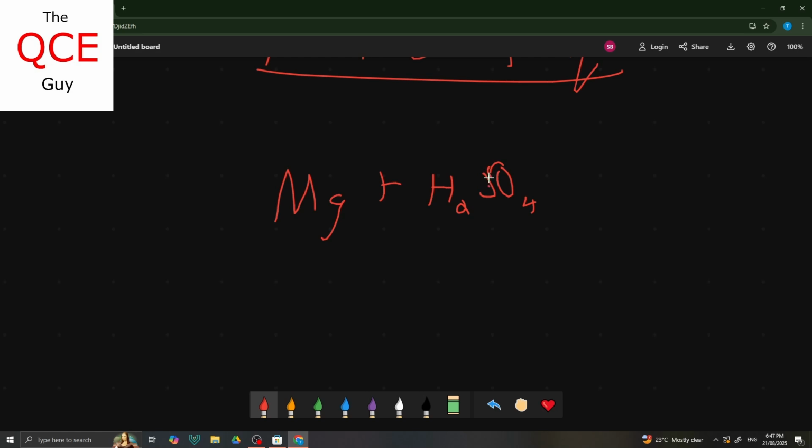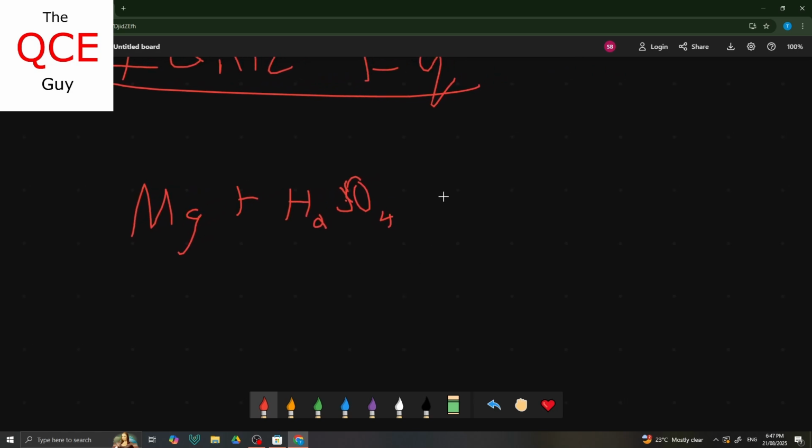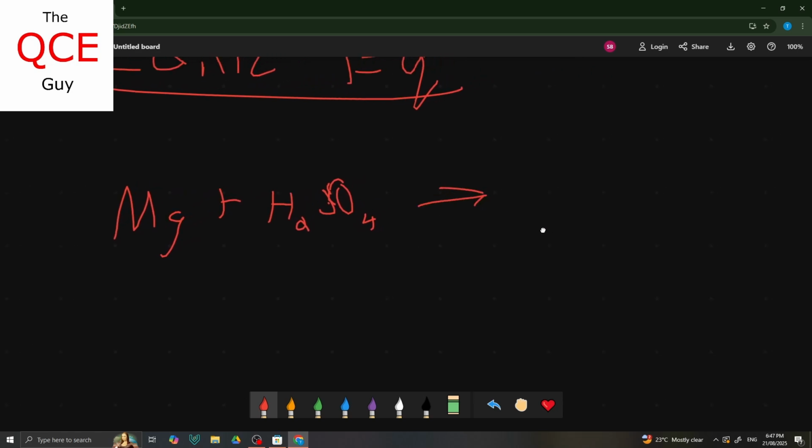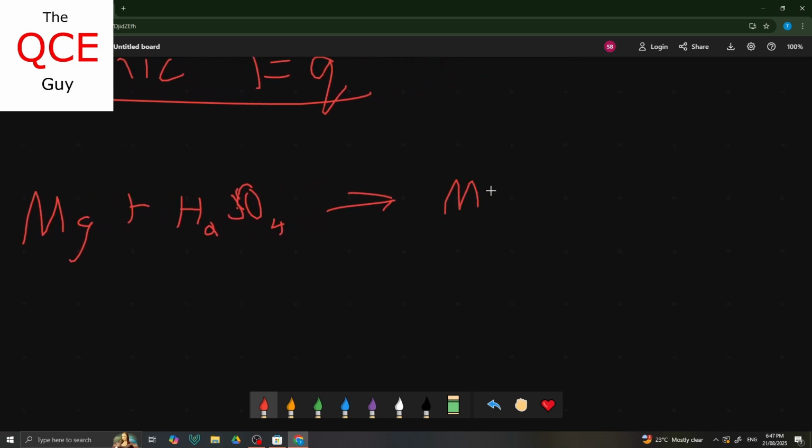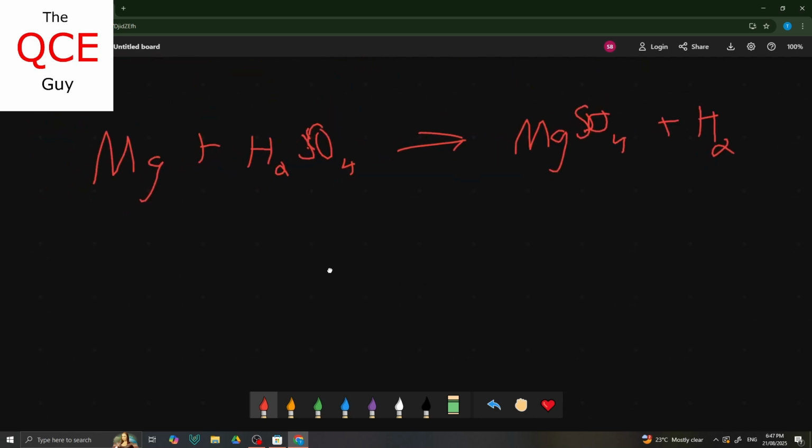That is an S, just horrible at drawing. Mg plus H2SO4 is going to break off and yield MgSO4 plus H2. So we're first going to write what state each is in.